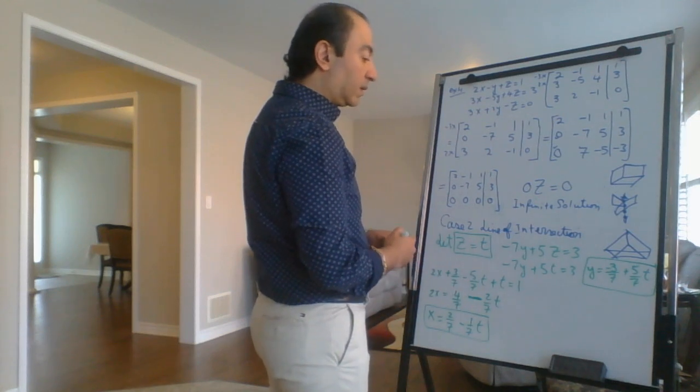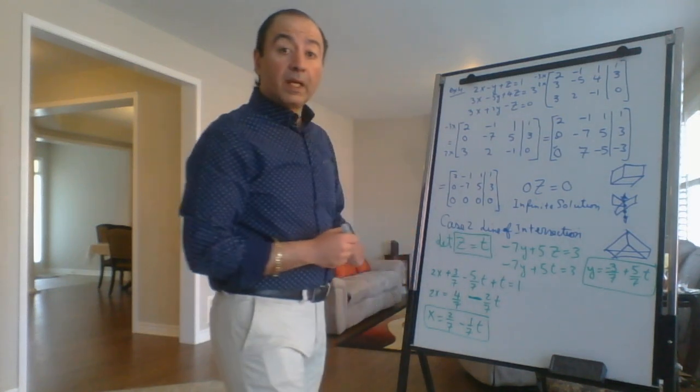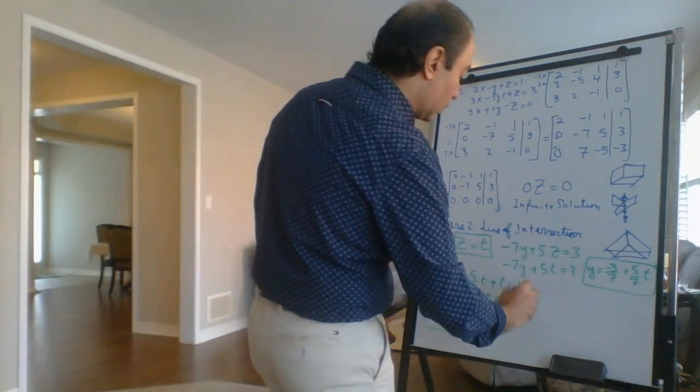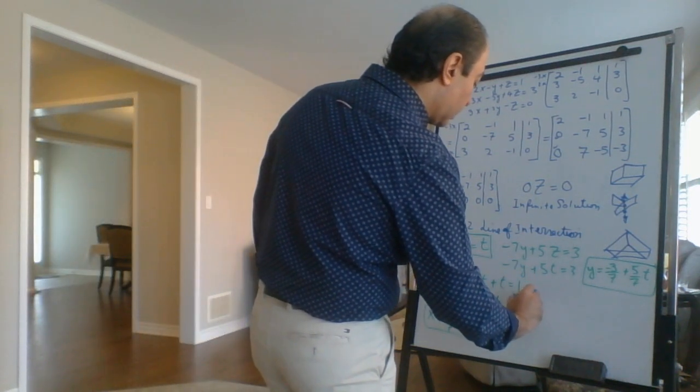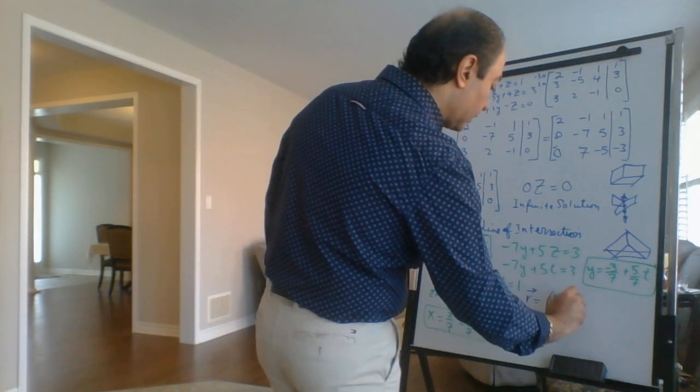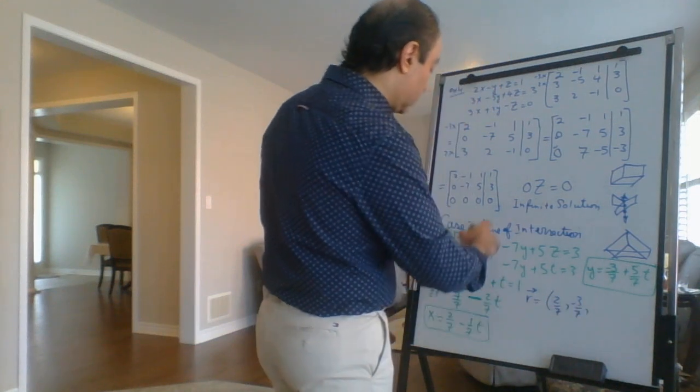If you want to write it in vector form, you can. So r sub 0, which is 2 over 7, negative 3 over 7, comma 1.